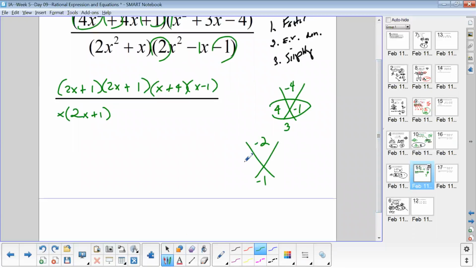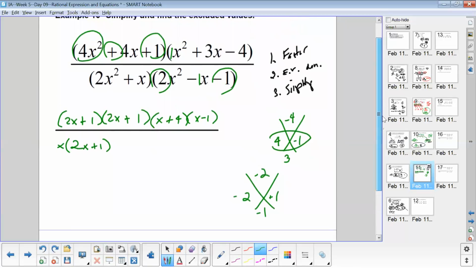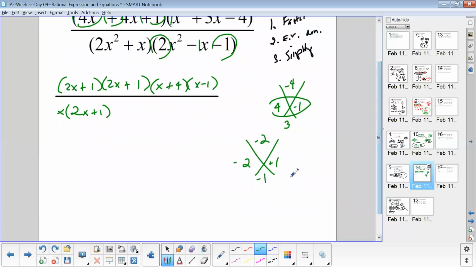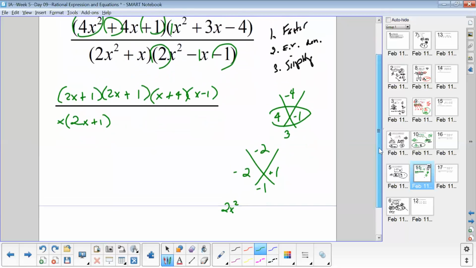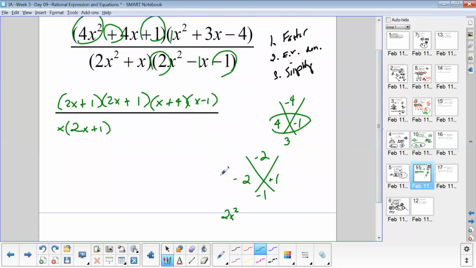So that would be 2 and 1, -2, +1. Since a is not 1, then I need to go through my factor by grouping. So that'll be 2x squared. Remember, that's coming from the first term. Minus 2x coming from here. Plus 1x coming from here. And minus 1 coming from that last term up here.